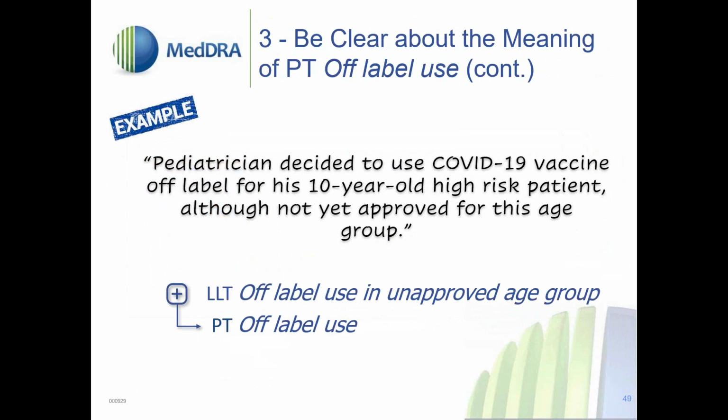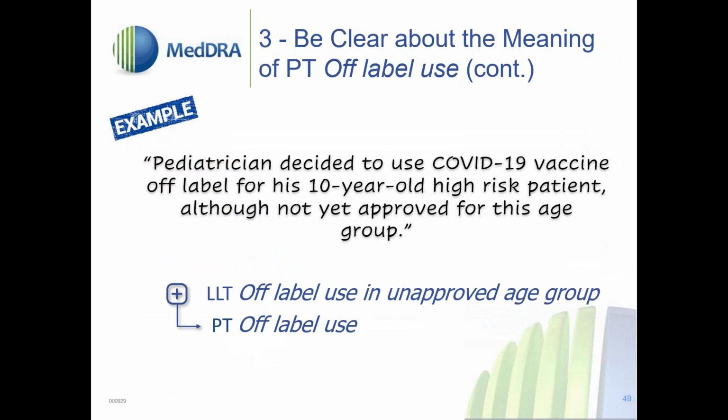So drug effective for unapproved indication, if you have the information that an indication is unapproved and a drug is used for this unapproved indication, and you have the information that it was not effective, then you would code to this term. So this needs to be explicitly reported.